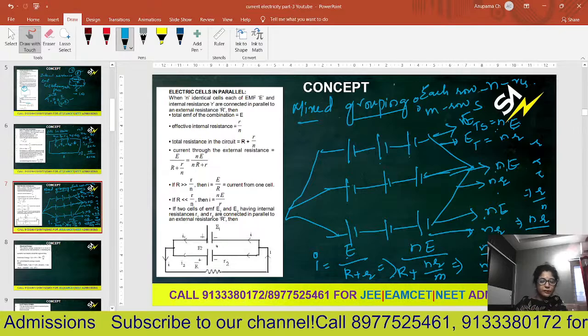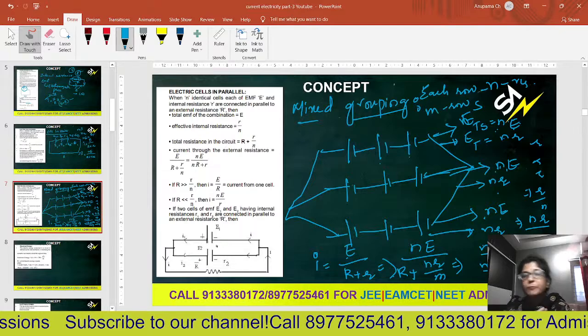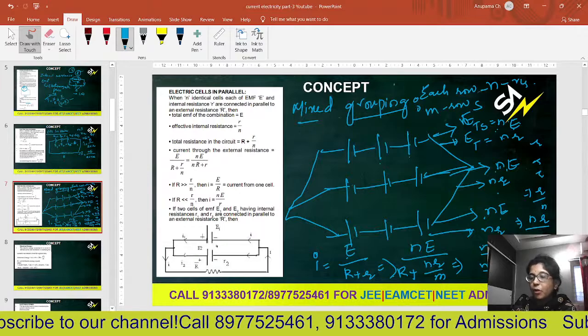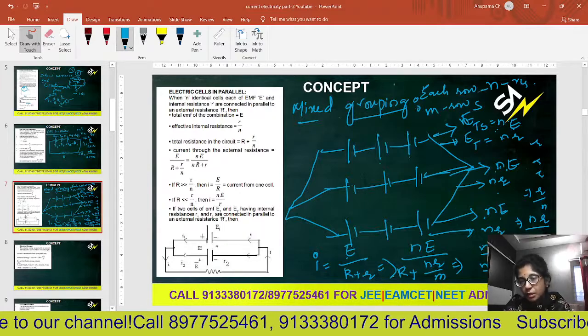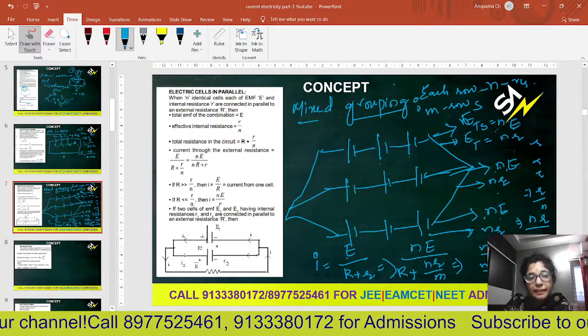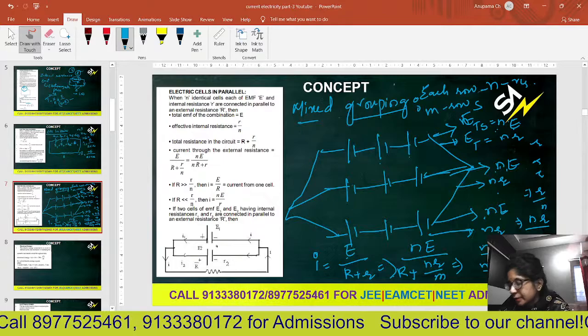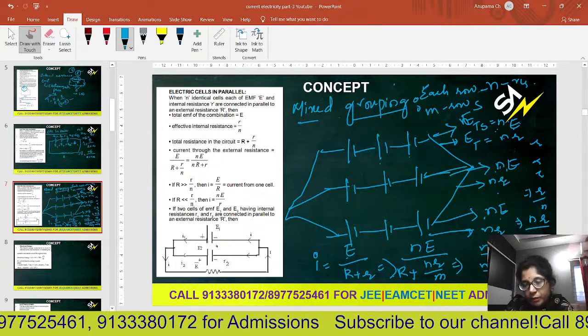Okay. So this is how the mixed grouping will be. Again I'll tell you, I don't know how many of you have understood. Mixed grouping is nothing but, even in resistors also mixed grouping is possible.